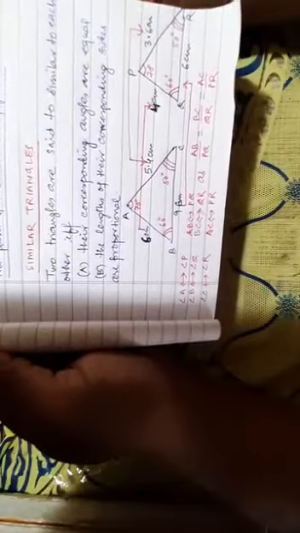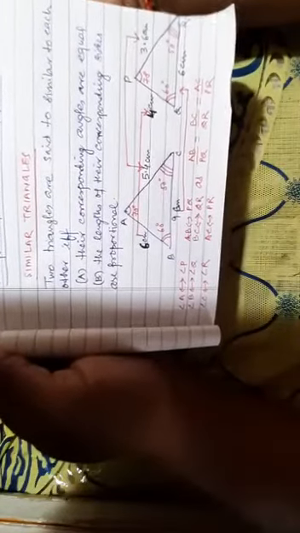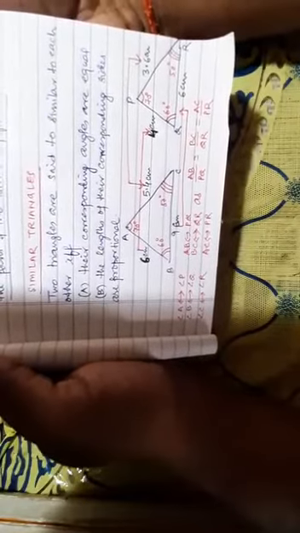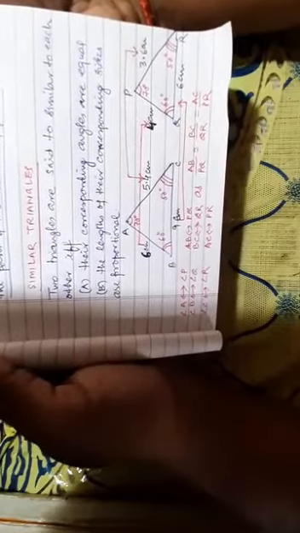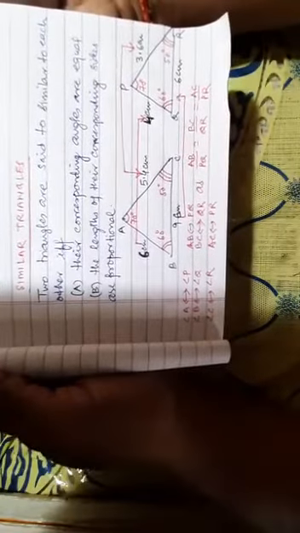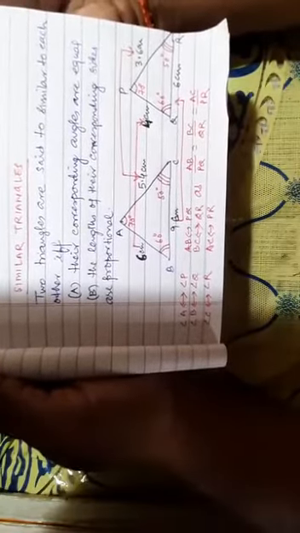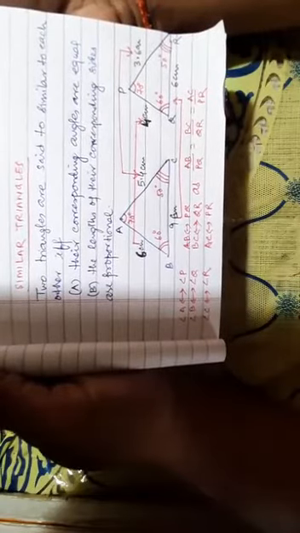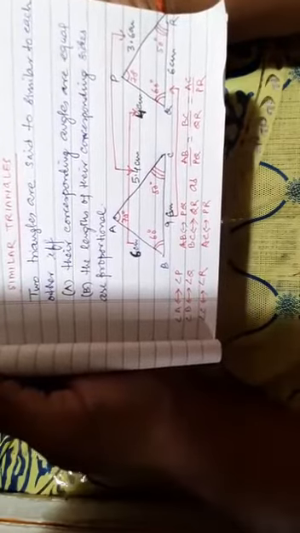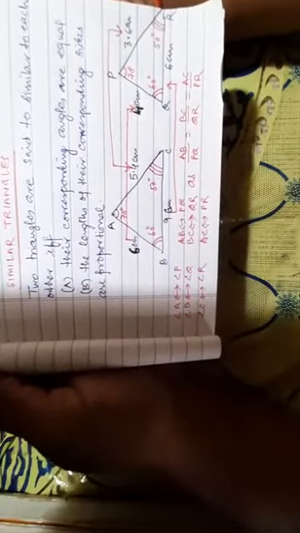The two triangles are similar to each other if, part A, their corresponding angles are equal. This should be checked before you say that two triangles are similar: you have to check whether corresponding angles are equal or not. Second, part B, the lengths of their corresponding sides are proportional.